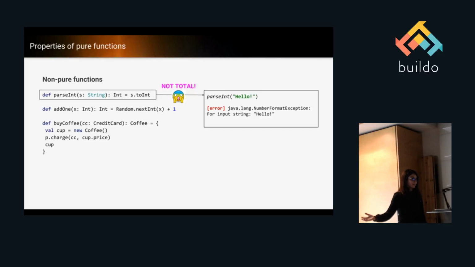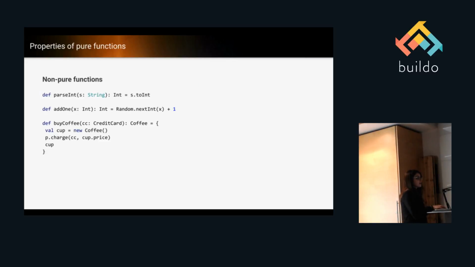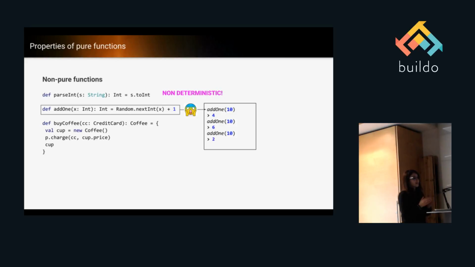It will not return an int. So this function is not total. And for the second function, add1, when we call add1 with the same input, we will not always get the same result. So we cannot test this function. For example, if we call add1 3 times with the same input, we will get different values. It's not deterministic.